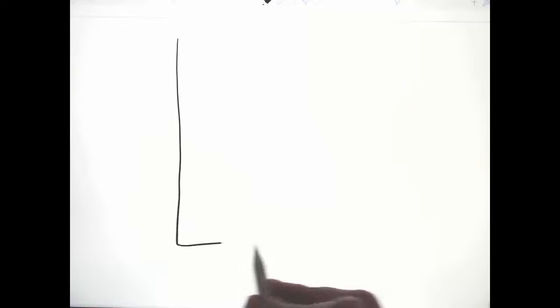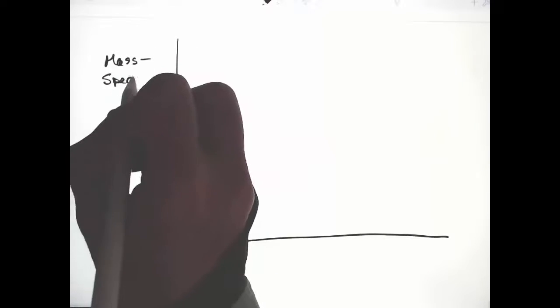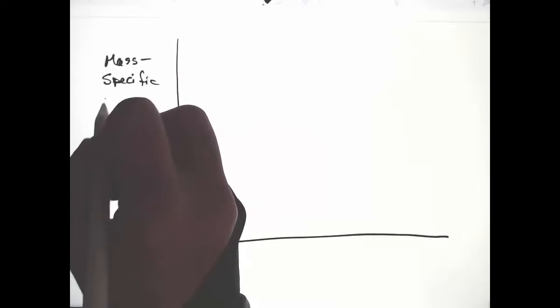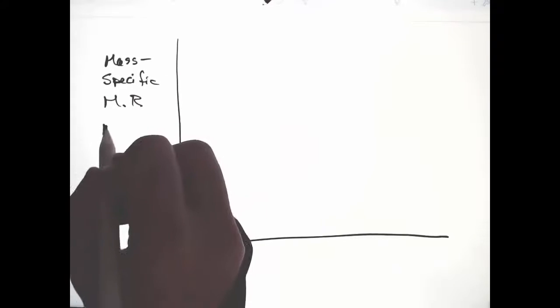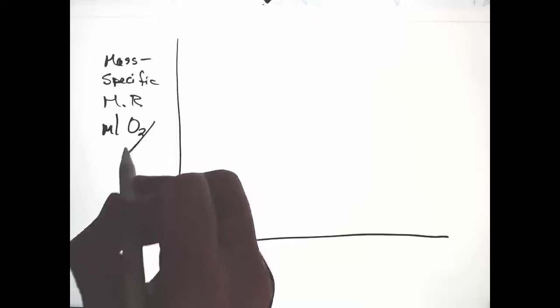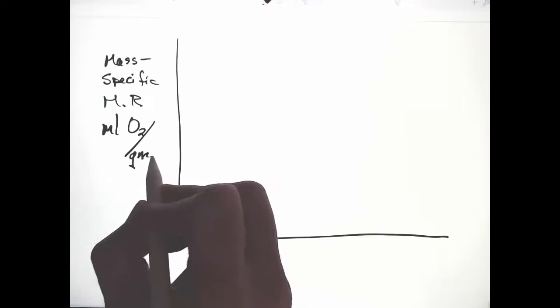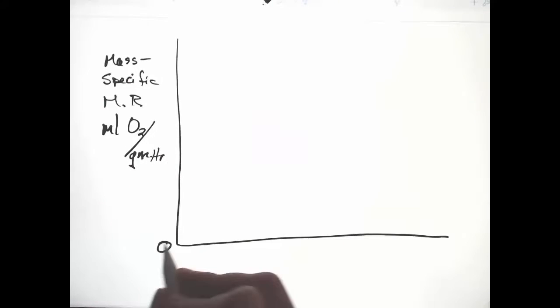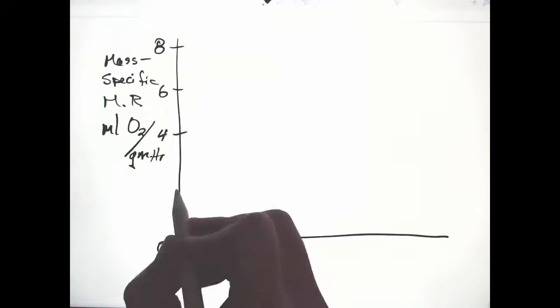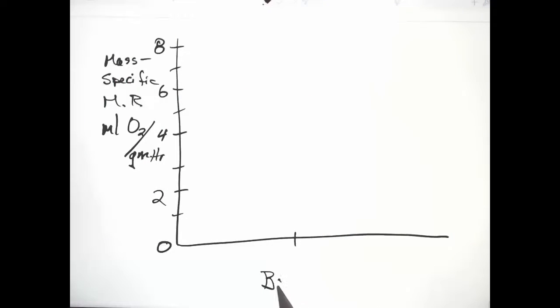If we plot this as mass-specific metabolic rate, in other words, milliliters of oxygen per gram per hour, from 0 to 8. And again, we have a log scale with body mass in kilograms.